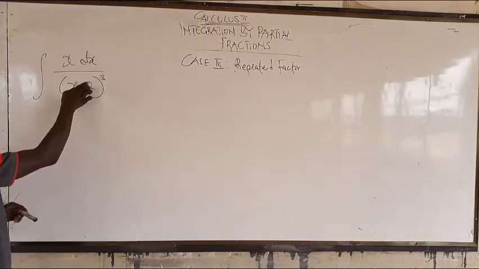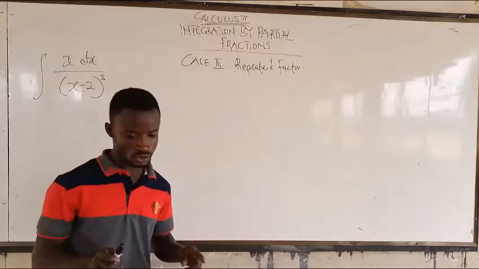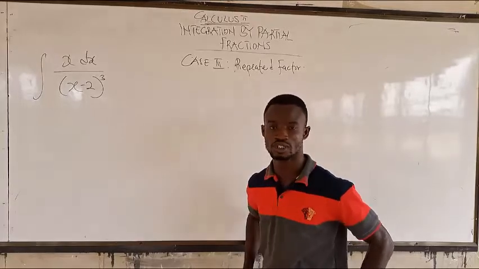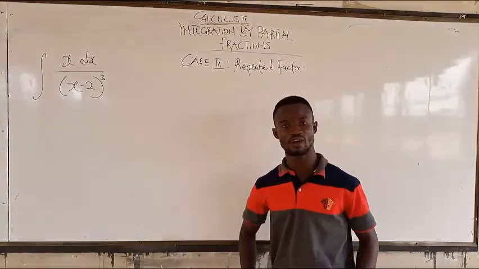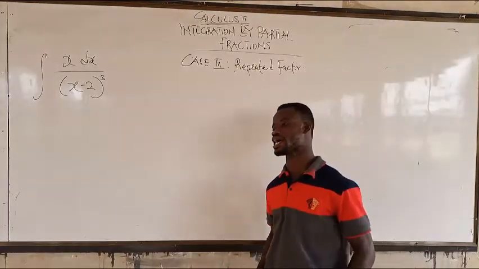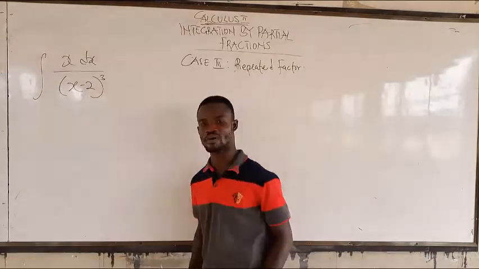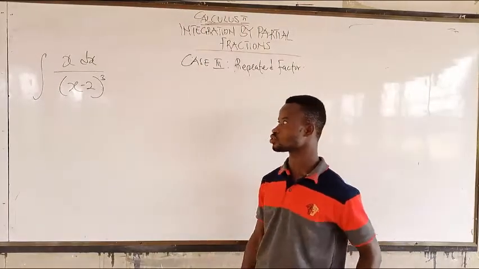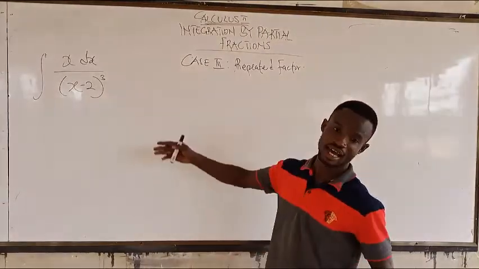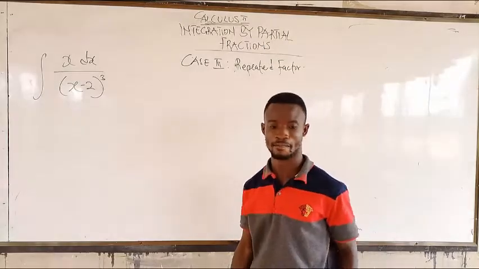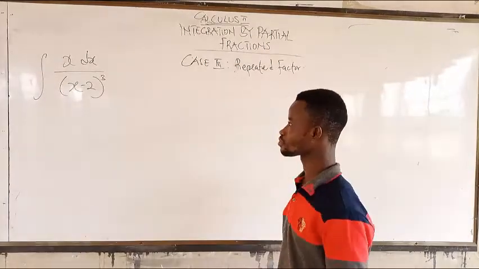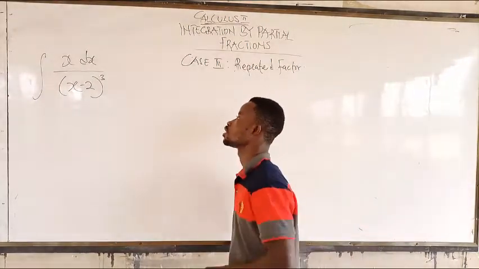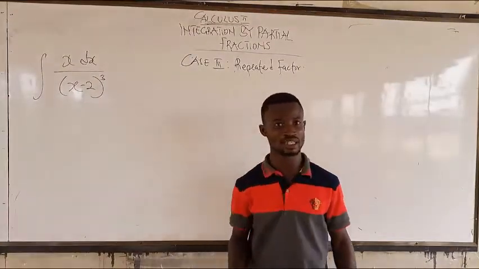Now, we know that our first thing to check when given such a question is whether the degree of the numerator is less than the denominator, so that we can decompose by partial fractions. So with this, what is the power of the numerator? 1. Very good. What is the power of the denominator?